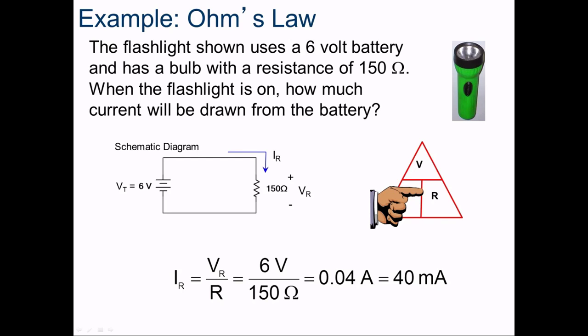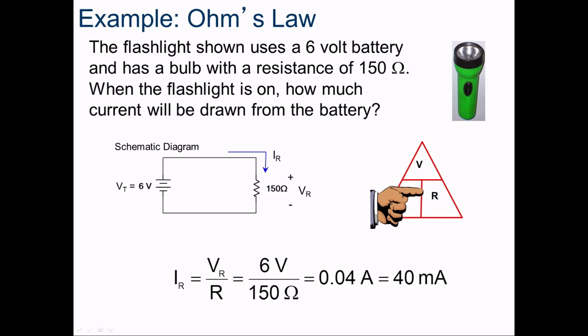Milliamps is abbreviated with a lowercase m, capital A. Another one is microamps, abbreviated with a lowercase u, capital A. 1 microamp equals 0.000001 amps.